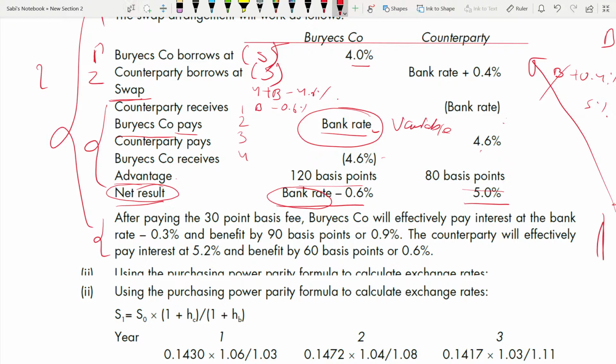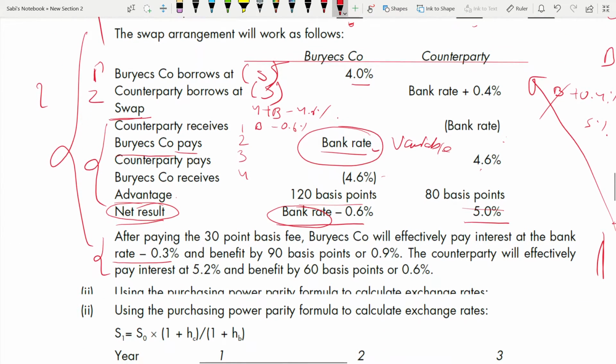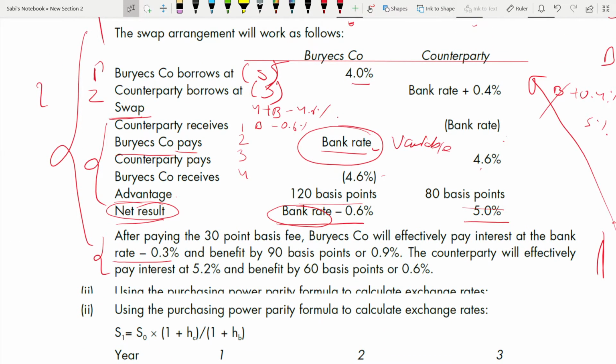Brewers company will effectively pay interest at the bank rate minus 0.6%. Currently, the net result is bank rate minus 0.6%, right? But after deducting that bank charge, you have to pay bank rate minus 0.3%, right?